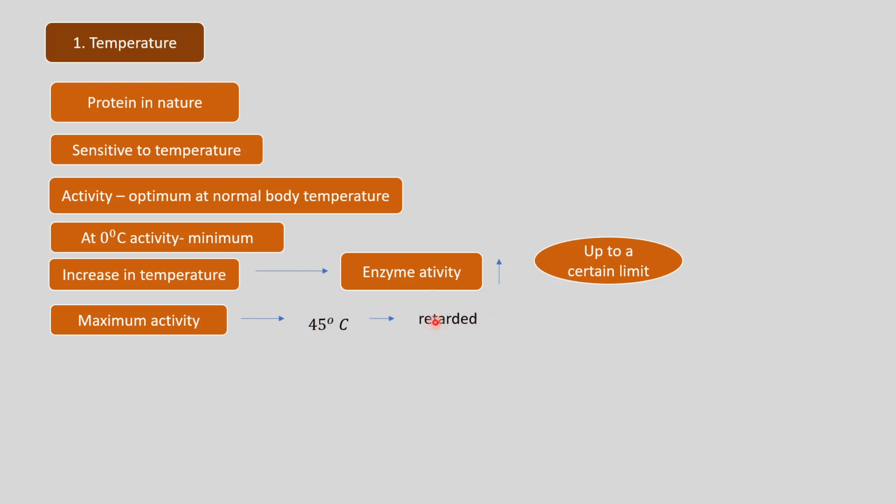After that the activity will slow down, and at 60 to 70 degrees Celsius the activity is permanently stopped, right? So 45 degrees is where maximum activity will take place, and after that, if the temperature increases, the activity retards, and when the temperature reaches 60 to 70, the activity completely stops.